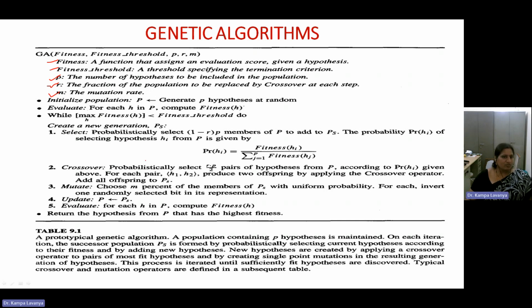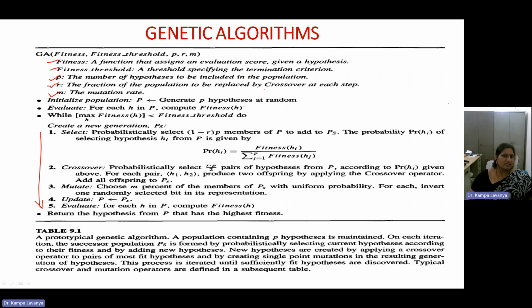For every new generation of the population, for example, you can see here, this is Ps, and Ps is the successor of the population. In each generation, these 5 important steps are repeatedly performed. The first one is the probabilistic selection of members of P into Ps.